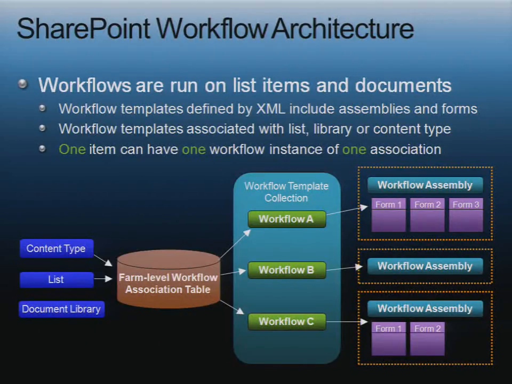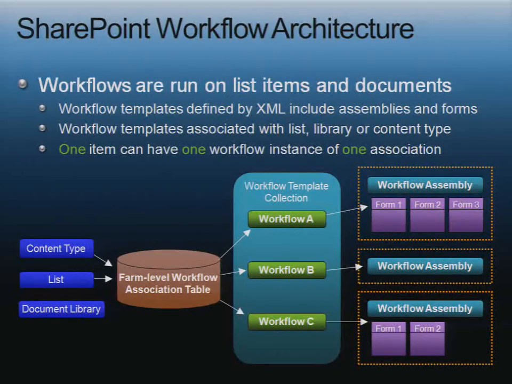And I think the second example we built was the legal workflow. Again, it is not actually a workflow. It is an association named legal review, with all the custom parameters for that specific list. But inside, that association is still using the approval workflow. So one list can have multiple associations. Sure. And again, list, document library, content type.